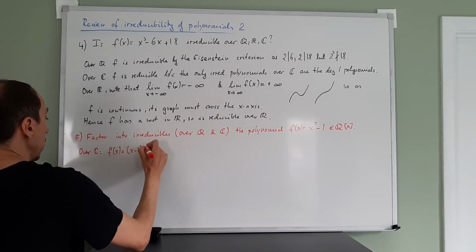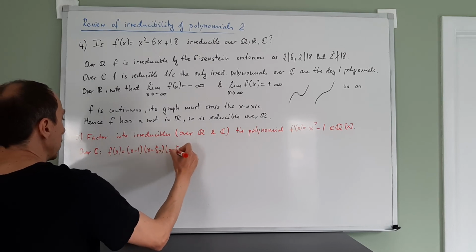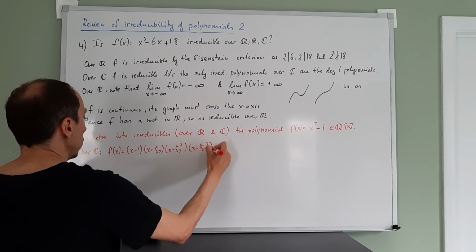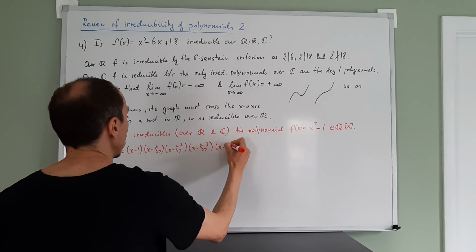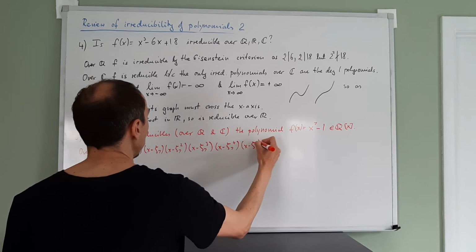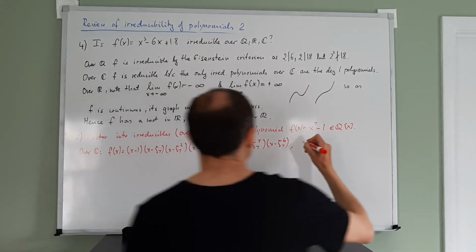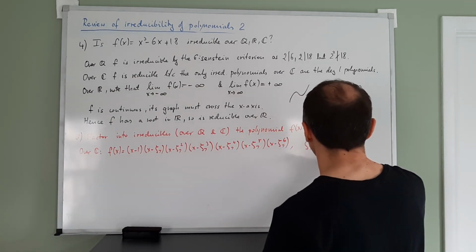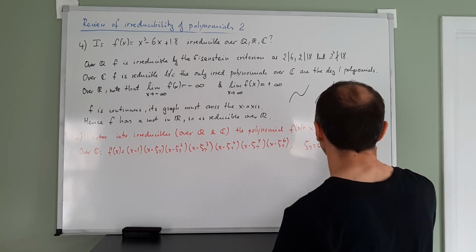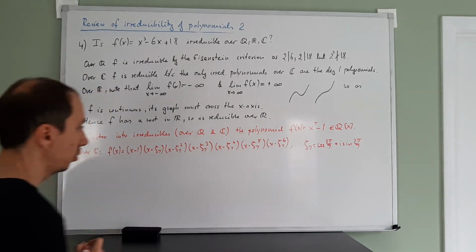The first root of unity is x minus 1, then I have x minus zeta 7, x minus zeta 7 squared, x minus zeta 7 cubed, x minus zeta 7 to the 4th, x minus zeta 7 to the 5th, x minus zeta 7 to the 6th. Well, zeta 7, right, is cosine 2 pi over 7 plus i sine 2 pi over 7. So this is the factorization into irreducibles.